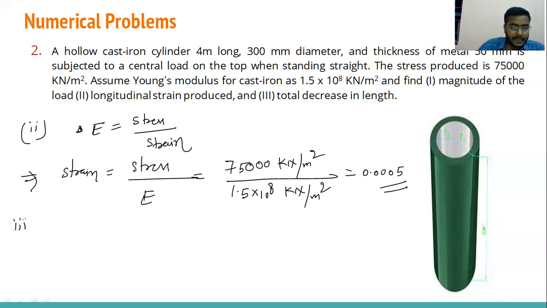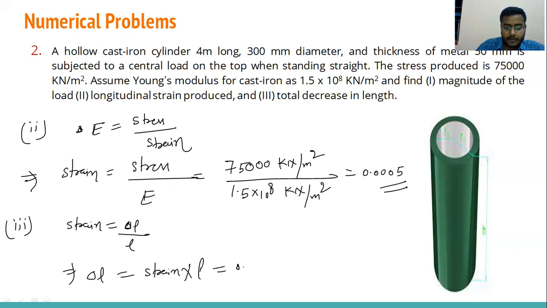Now come to part C. Total decrease in length. The strain we have calculated in the second part, that is delta L divided by L. So we can write delta L is equal to strain into L. Strain we have 0.0005 into the total length, 4 meter.